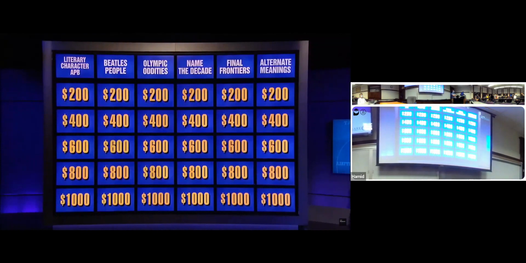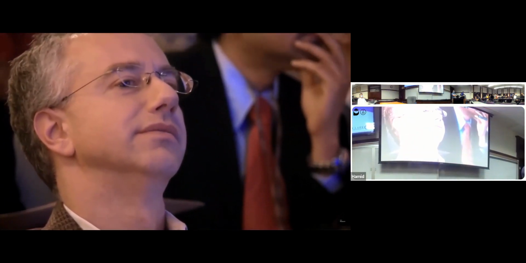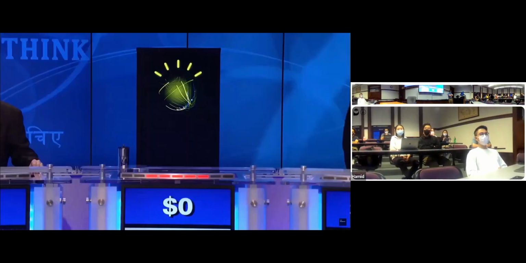Let's take alternate meanings for 200, Alex. Four-letter word for a vantage point or a belief. Brad. What is a view? Yes. After the first clue of the game, which Brad won, I had just this horrible feeling at that moment that he was as good as everyone said he was, and he was just going to run the whole board on us. Watson. What is shoe? You are right. We actually took the lead.